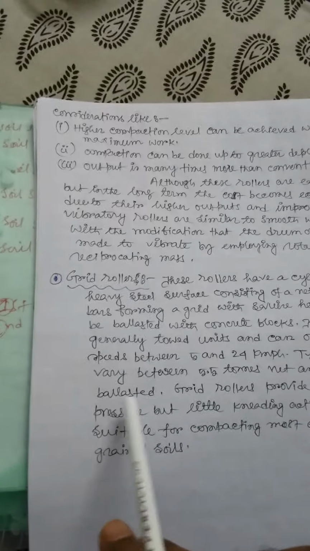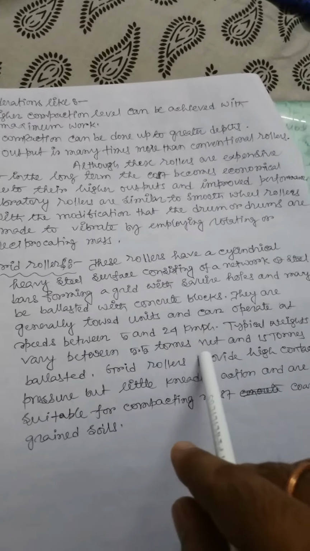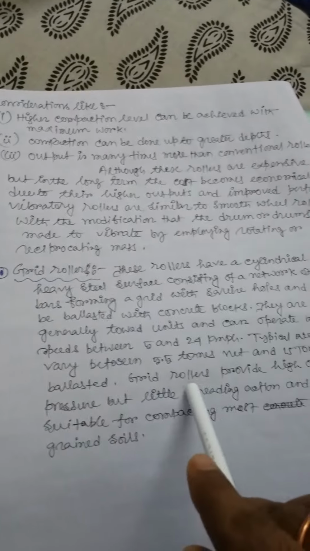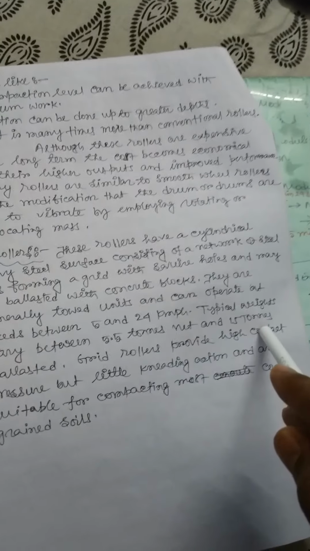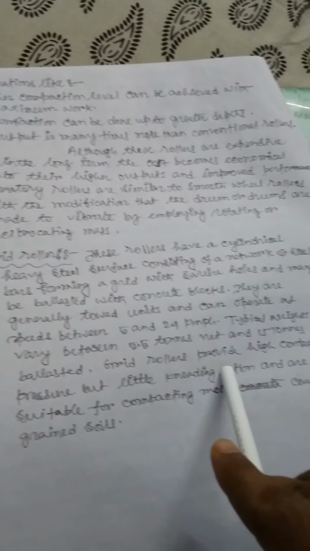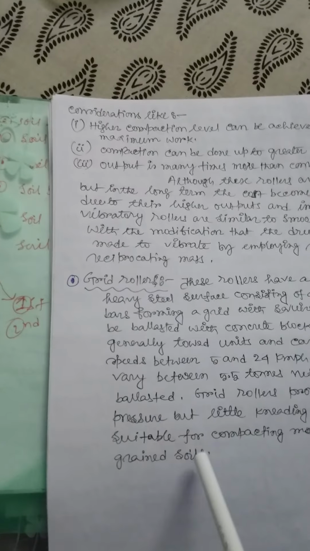Typical weight varies between 5.5 ton net and 15 tons ballast. Grid rollers provide high contact pressure but little kneading action and are suitable for compacting most boulder fragments.